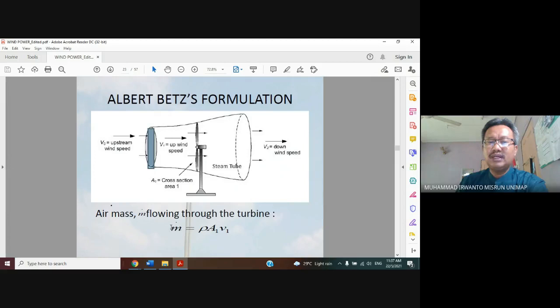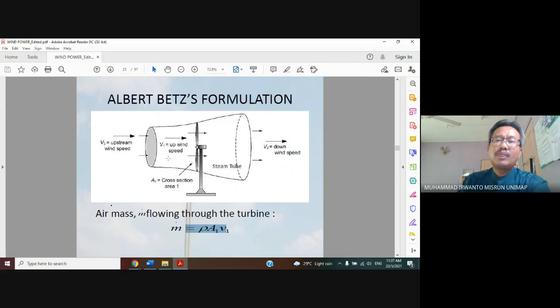It is given by m dot equal to rho A1 V1, which means the mass in the space of the wind turbine with the cross section area of the wind turbine A1 and wind speed arriving at the wind turbine V1. So air mass flow m dot is given by rho A1 V1.